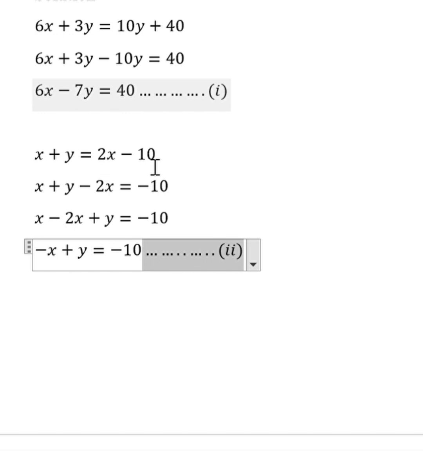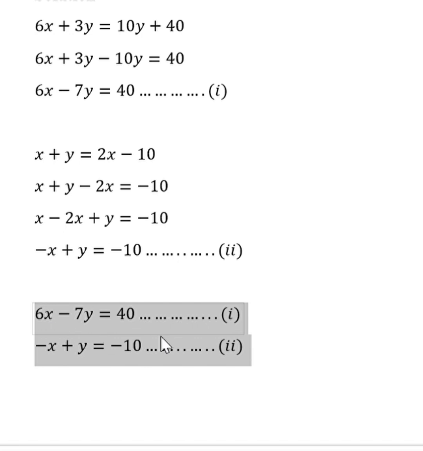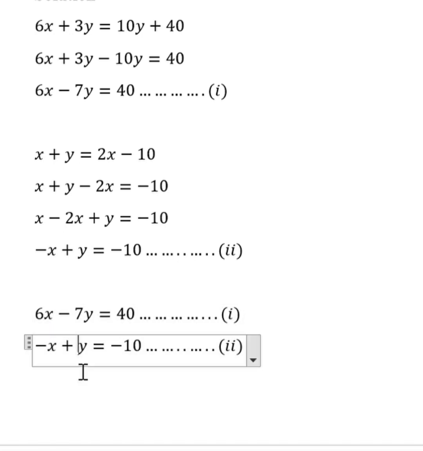Now we solve these two pairs of simultaneous equations. If we take them together, we shall have them look like that. Now you can use many methods to solve this. I've discussed them in around 4 videos about the same.